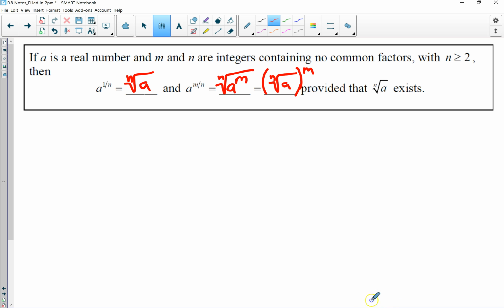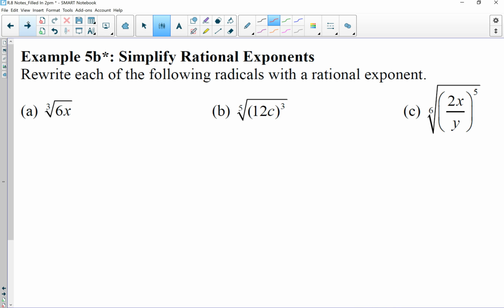So let's try a couple of those problems. Here I want to rewrite each of these with that fractional or rational exponent on it, and then of course reduce it if I can. So the cube root I can rewrite as the power of 1 over the index, which is 3. So it's like 6x to the 1/3.